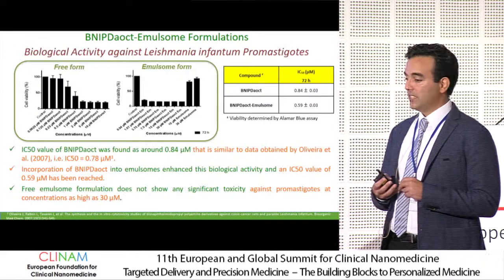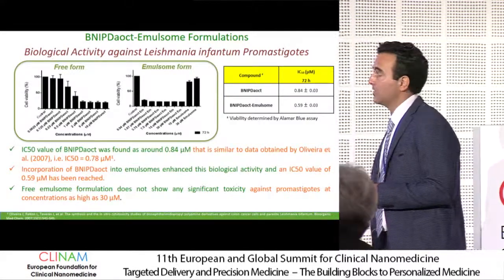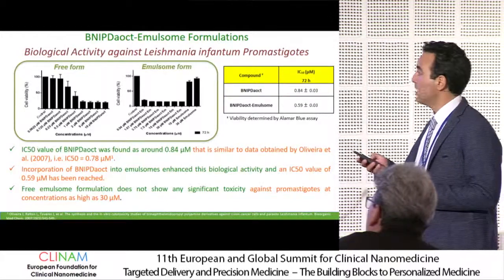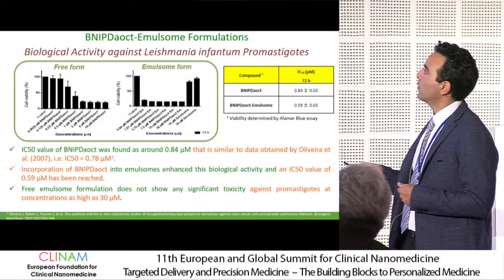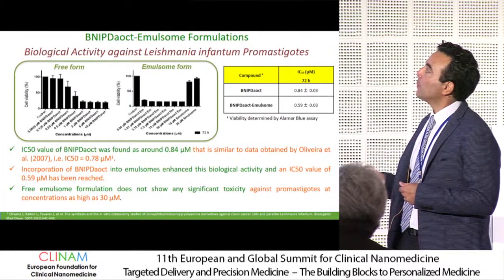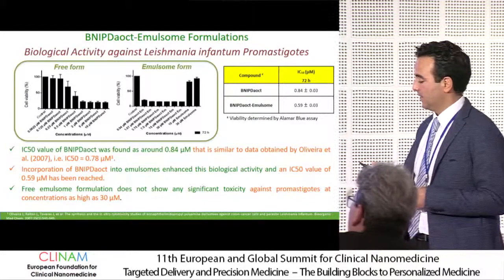And the free emulsion formulation does not show any significant toxicity against promastigotes at concentrations as high as 30 micromolar. Those two bars are for emulsion formulations without the drug inside.